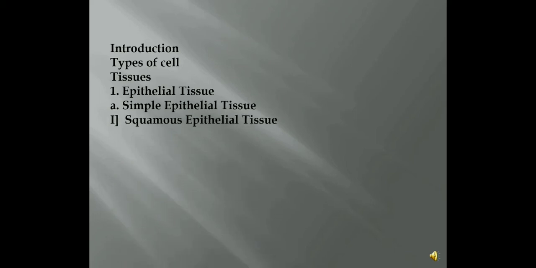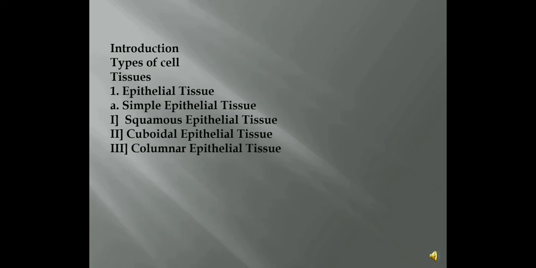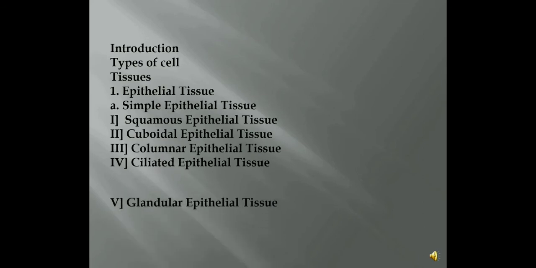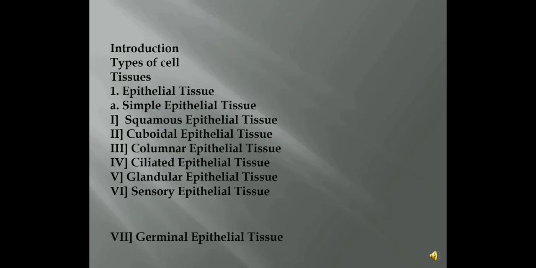It consists of squamous epithelial tissue, cuboidal epithelial tissue, columnar epithelial tissue, ciliated epithelial tissue, glandular epithelial tissue, sensory epithelial tissue, and germinal epithelial tissue.